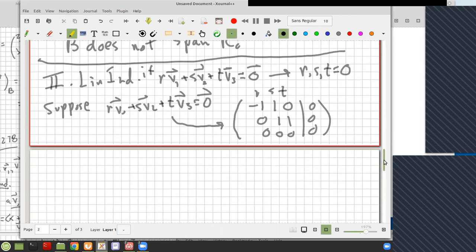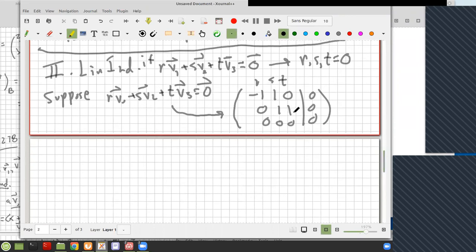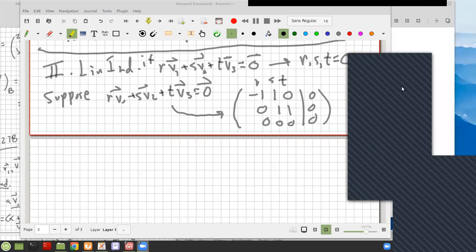Okay, so then I can say, does this have a non-zero solution? Because if it has a non-zero solution, then that means that this could be true and this could be false, so that this implication would be false.